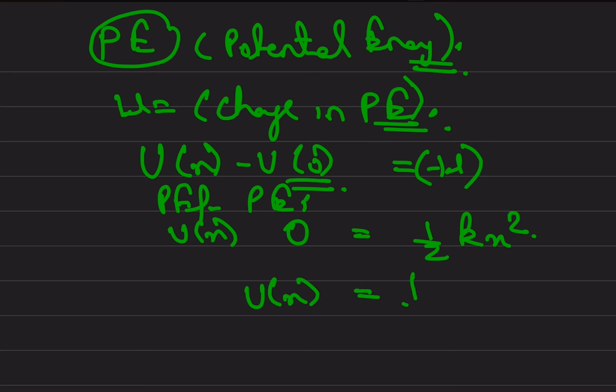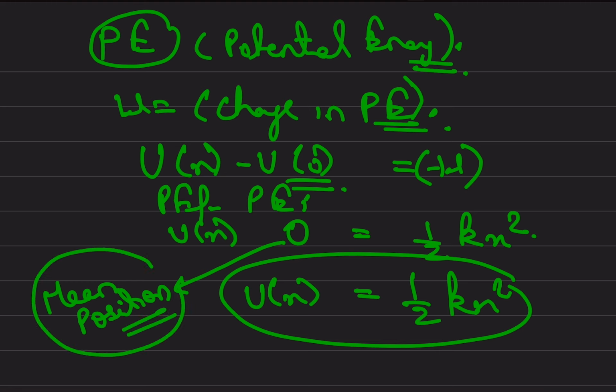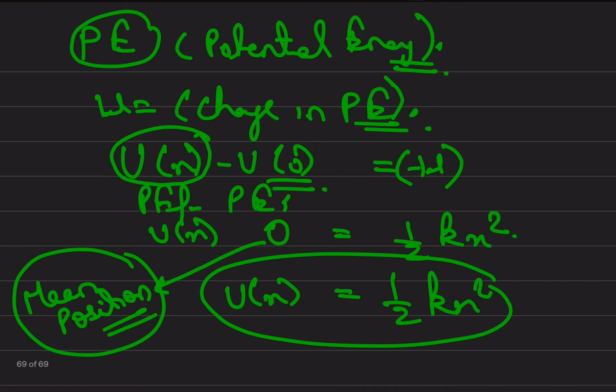So potential energy at x is equal to half kx square. The potential energy is 0 at the mean position. The final potential energy is at x displacement, where x is the displacement from the mean position.